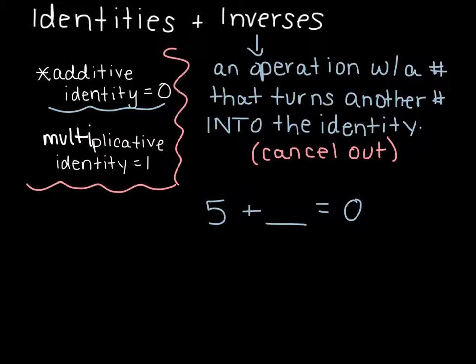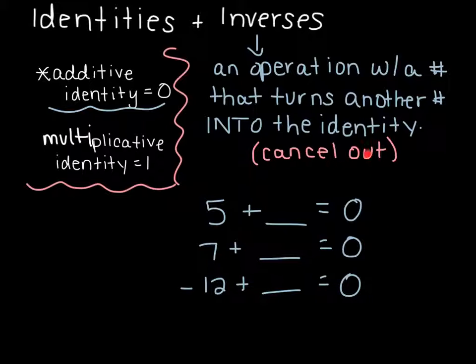I could do that with another number too, so I could take 7 and add some number and have it turn into 0. And let's throw a tricky one in here. Let's make this -12 plus something turns into 0. And I want to look for what kind of number turns these things into that additive identity. And turning it into the identity is essentially canceling it out.